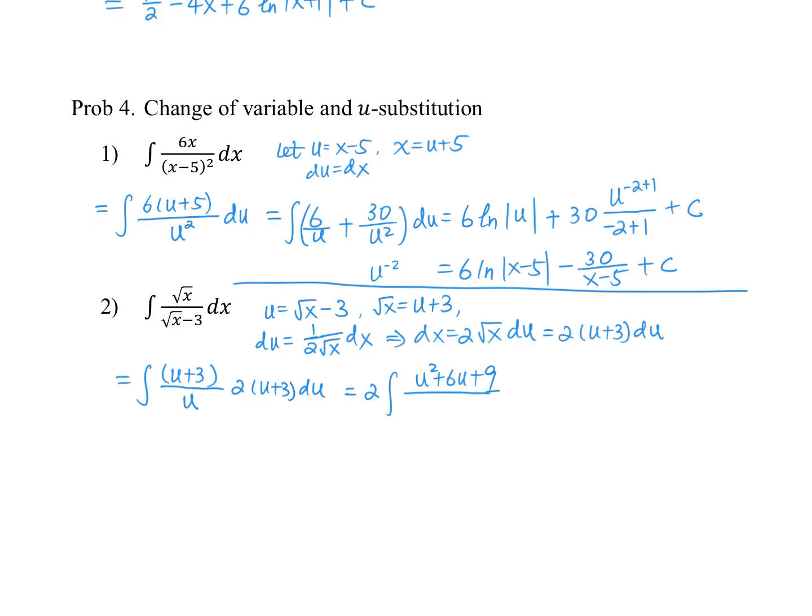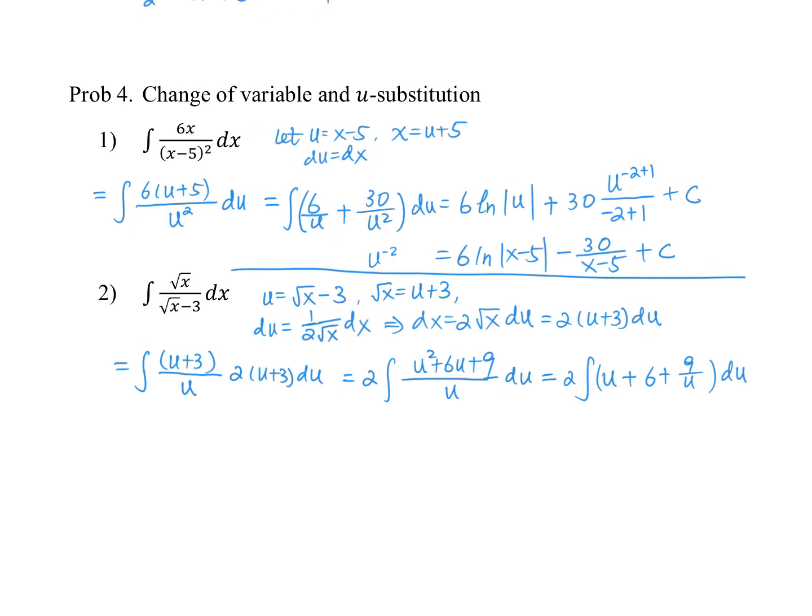And the bottom is just u, du. Once we have a single term in the denominator, we can split them. So we have split that into the following terms. The first one is u. The second one is just 6. Next is 9 over u du.